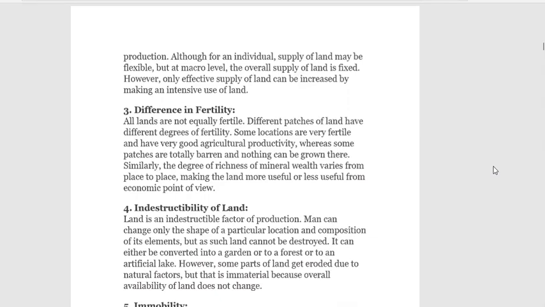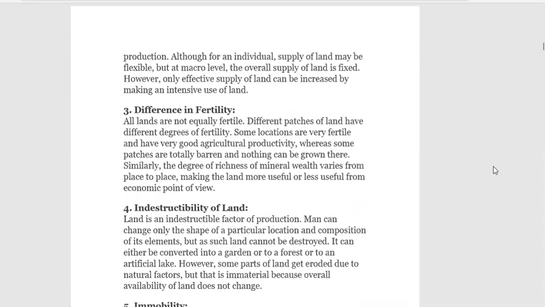Certain lands are not fertile. If you put all your efforts, all your fertilizers, all your labor, then also you may not get that much of return so far as agriculture is concerned. That means the land is different as per its fertility.